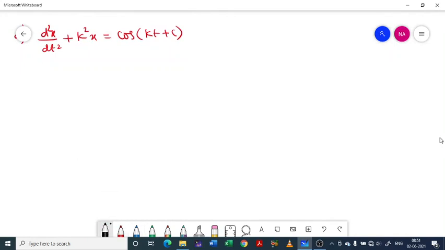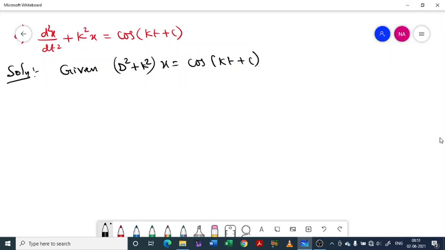Solution: given d square plus k square times x equal to cos of kt plus c, right? So you can write the complementary function. I think it's easy. C1 cos kt plus C2 sin kt.